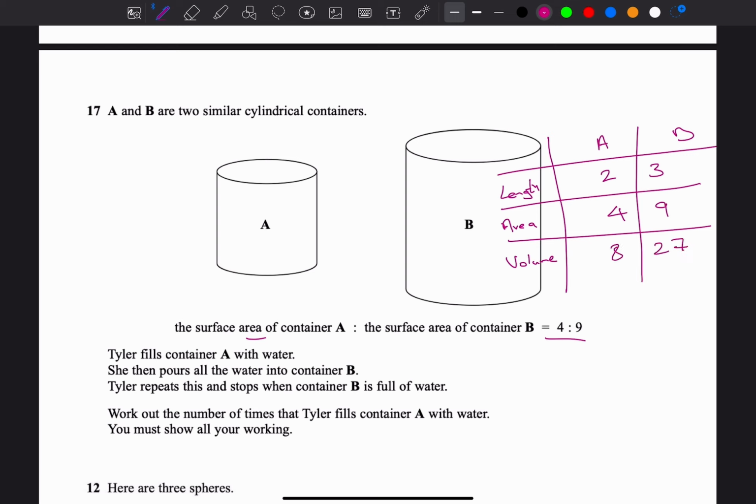27. How many times would you need to fill the container A with water? So you fill A with water and then pour it all into B. This repeats until B is full of water. So that basically means use the volume. 27 divided by 8. Let's say it's a non-calculator.